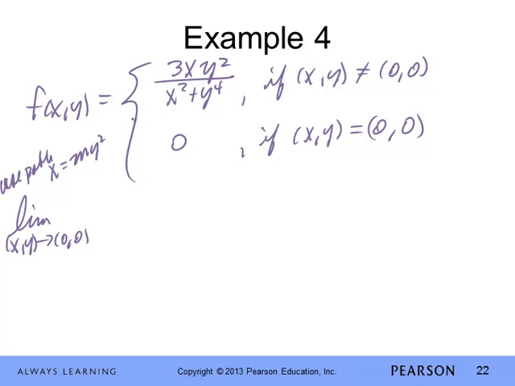You could probably dream up some other path that might give the same results. But along the parabola x equals my squared, where m is some constant, well, replace x by my squared in the function, and you have 3 times my squared times y squared over x squared plus my squared raised to the 4th power.